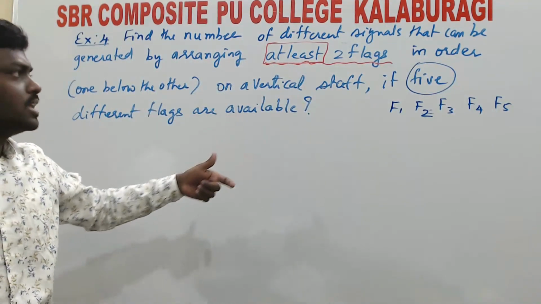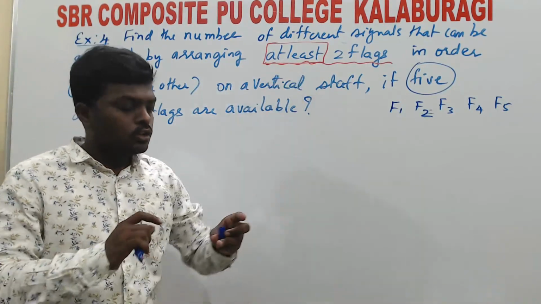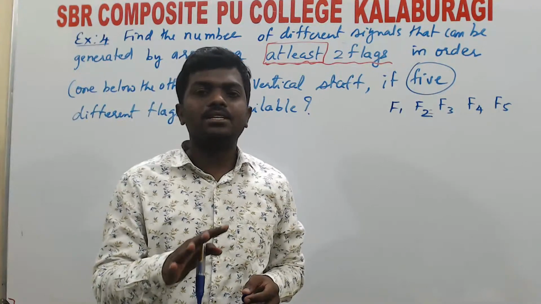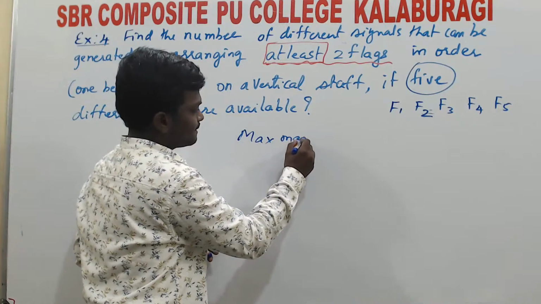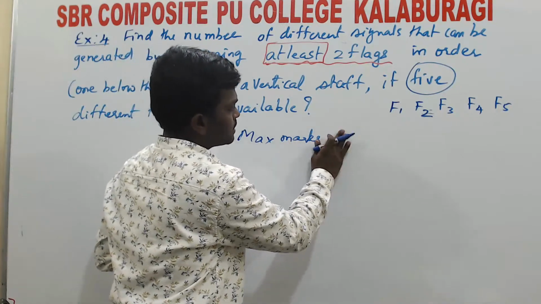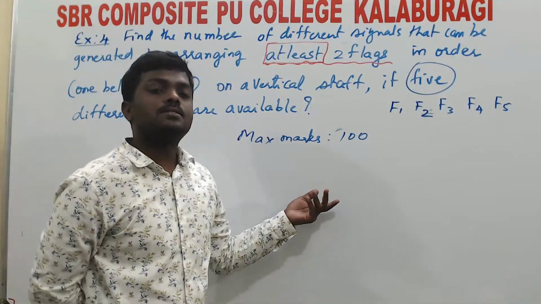Okay, before we begin this, let us understand what we mean by at least. Okay, so in an examination, the maximum marks is 100. Okay, so what's the passing marks?